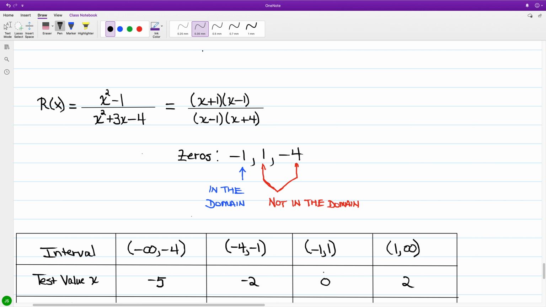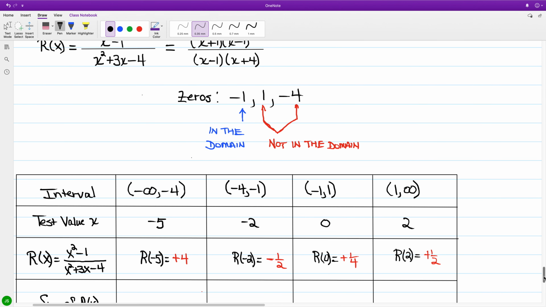And 0 is the only integer that falls between negative and positive 1. And we have 2 as a value greater than 1. Then I test each value of x by plugging into our rational function.